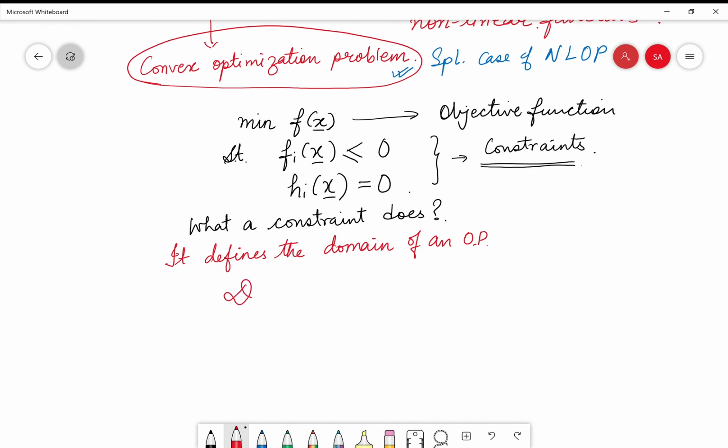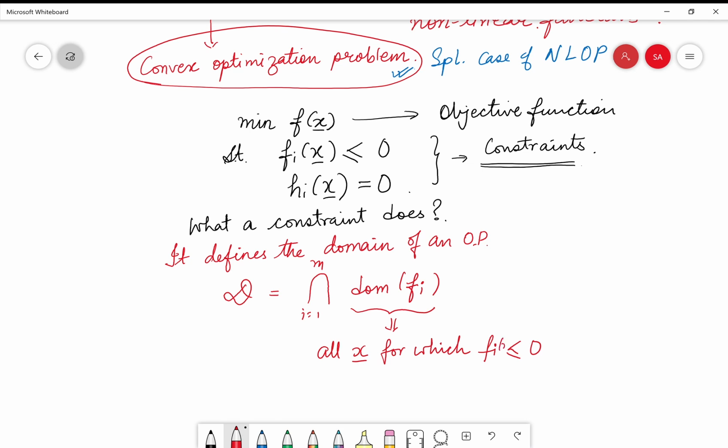The domain is equal to the intersection of the domains of the fi's, with i going from 1 to m, that is, all x for which fi of x is less than or equal to 0, and the intersection with the domains of hi, with i going from 1 to p, since we had p equality constraints.